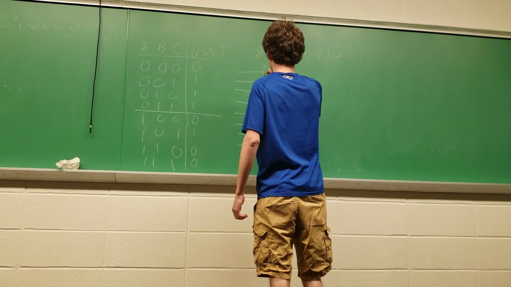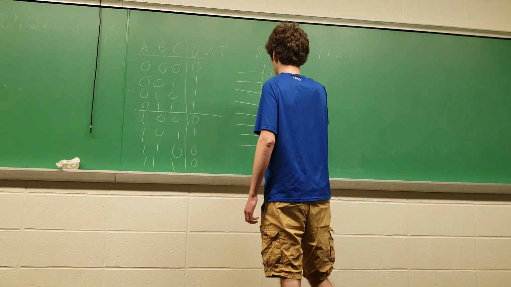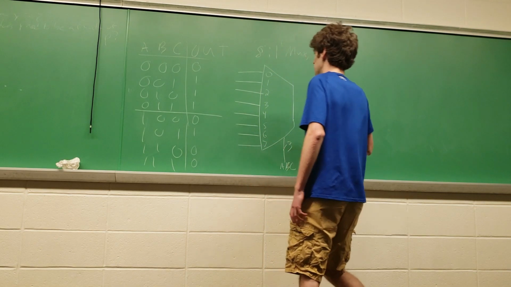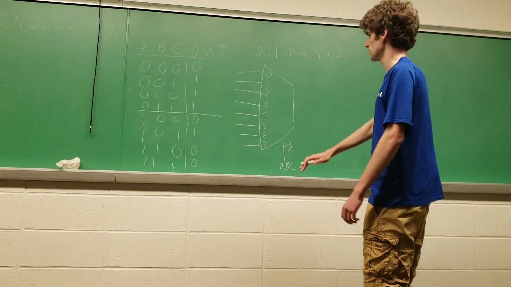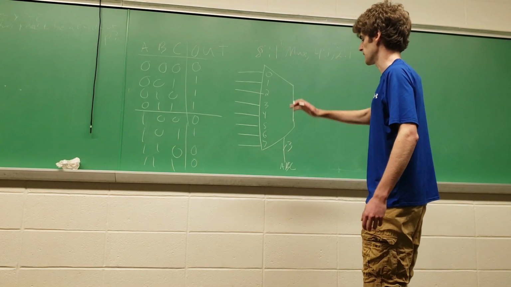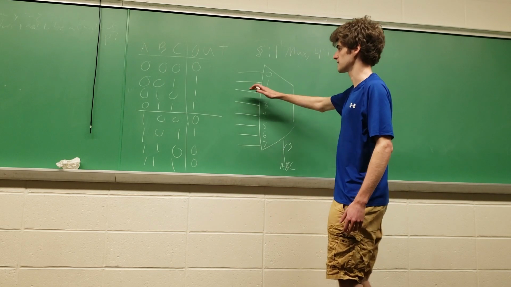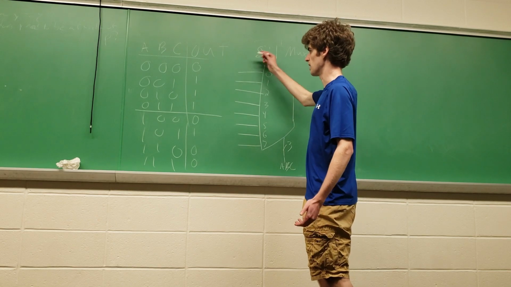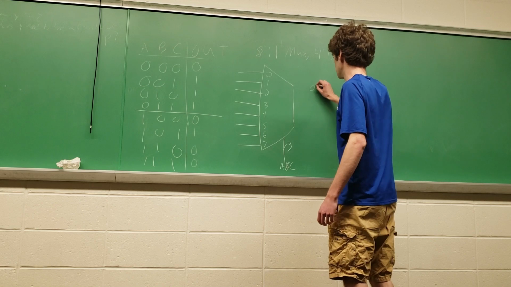It's going to be the 0th input line, 1st, 2nd, 3rd, 4th, 5th, 6th, and 7th. Now remember what a mux does. Depending on the value of these selector bits, it selects one of these input lines, and then it outputs the value on the line. So let's say that ABC was equal to 0, 0, 1, right?